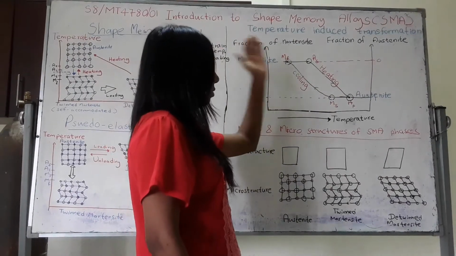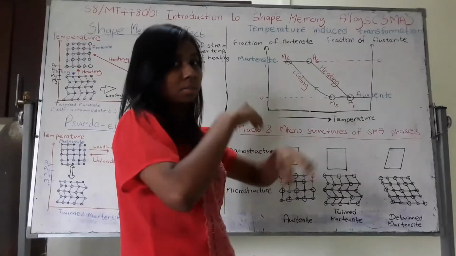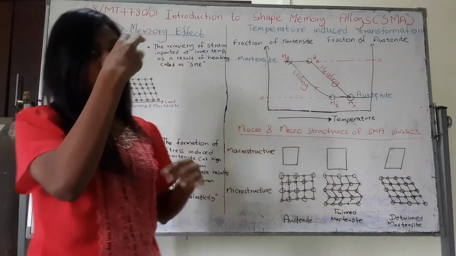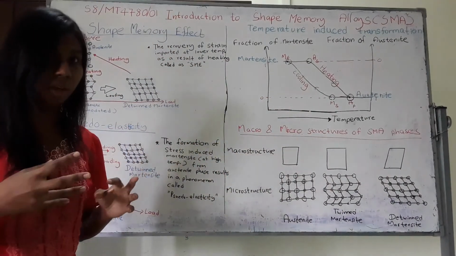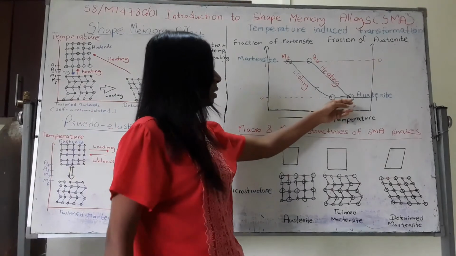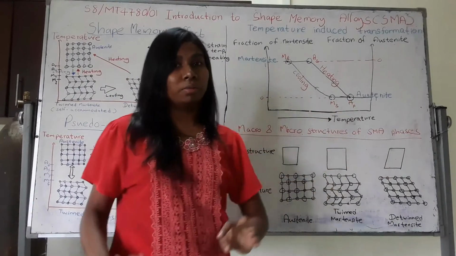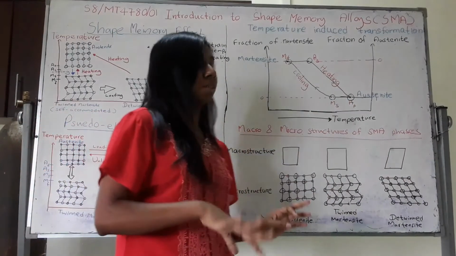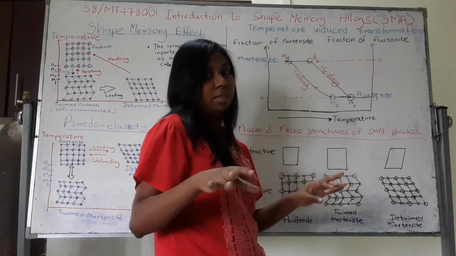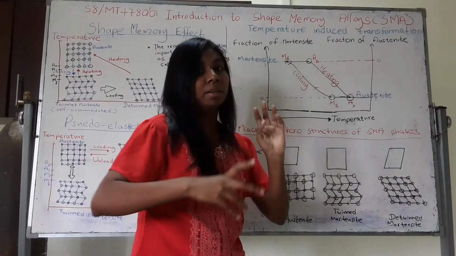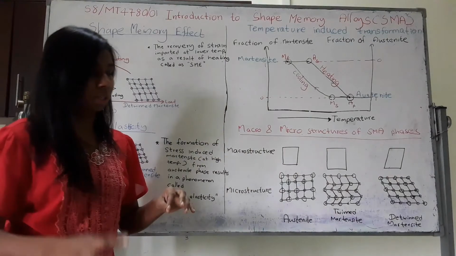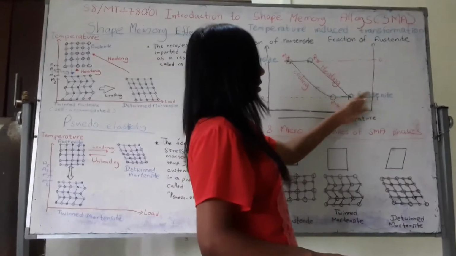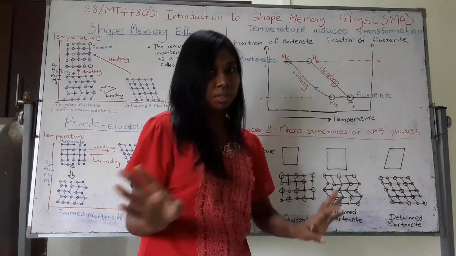So when it further heats, the material changes its shape, and when it comes to the austenite finishing temperature, it stops changing shape, because it already came into its original shape. When it further heats, there are no shape changes.